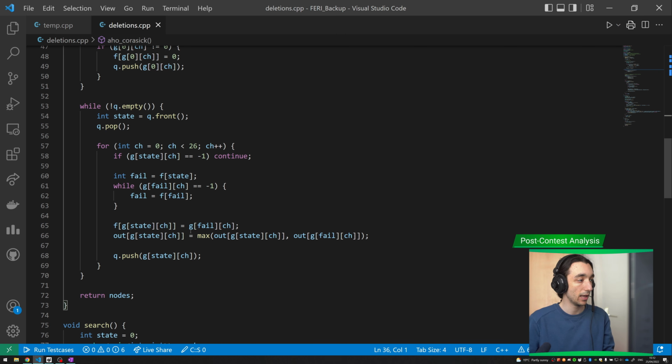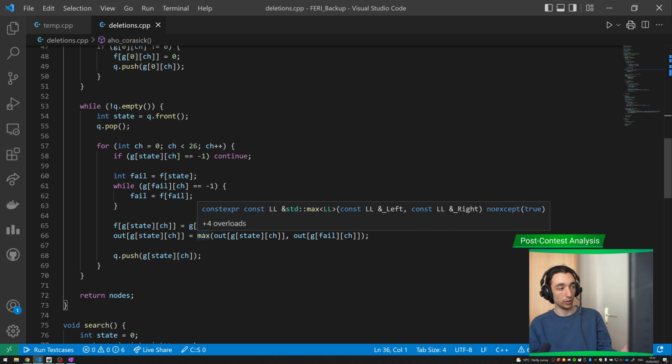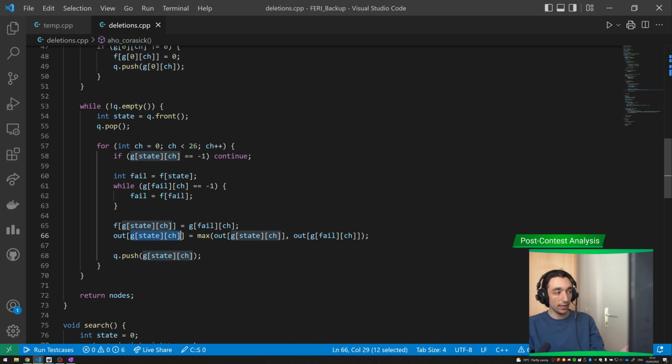This is the failings. But also it is very important for this state here to maximize the current state and the output of the fail state. Why is this important? Because if I match some state, I want to maximize the length that I return.